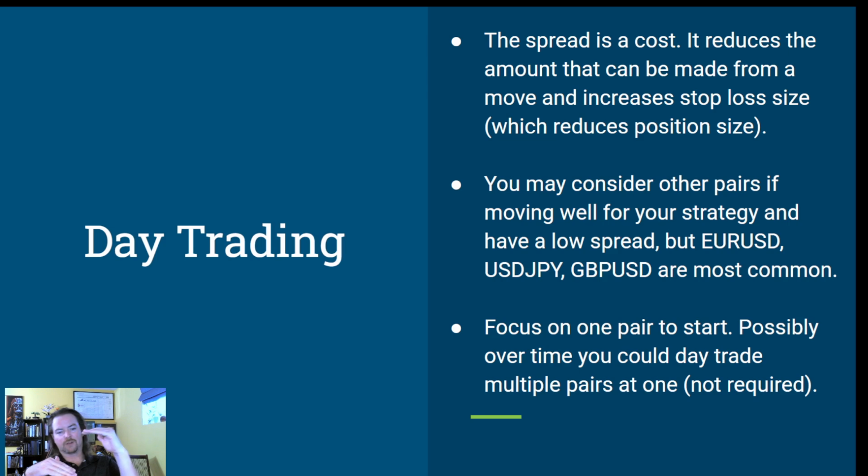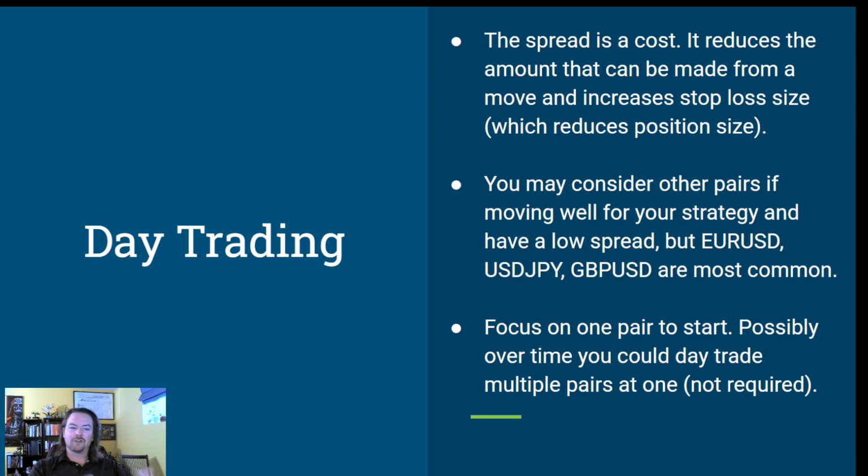So the bid price was here, you had to pay the offer price to get in to buy, which was 1 pip higher. Now the bid moves up 1 pip. If you go to get out, you're going to have to sell at the bid. So even though the price moved up a pip, you make nothing. So it is a cost in that sense, in that it reduces the amount you can make on a trade. Whatever the size of the move is, it's reduced by that spread that you had to pay. So it's reducing the amount you can make.